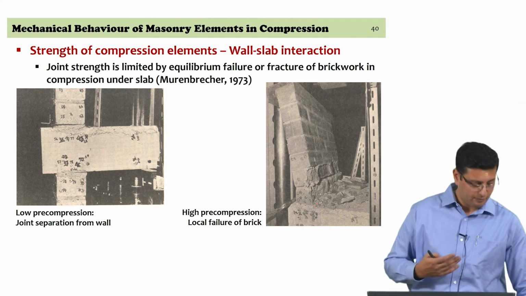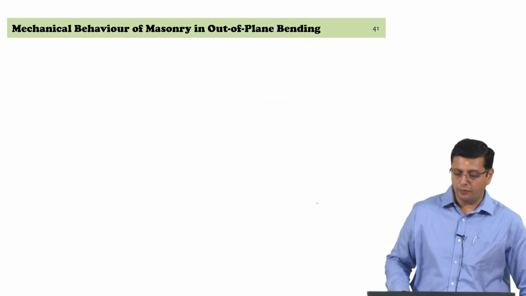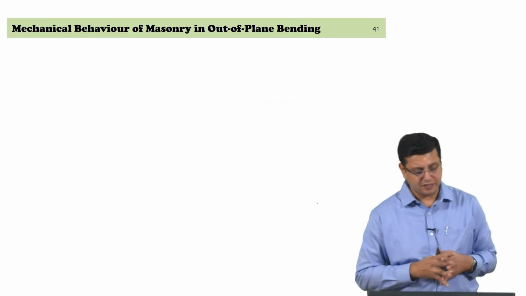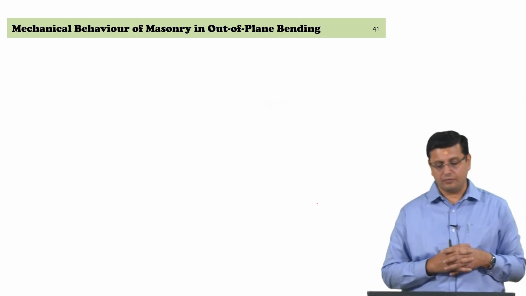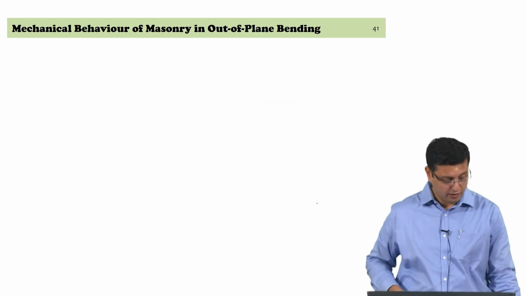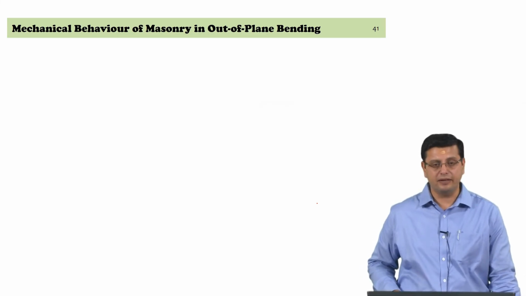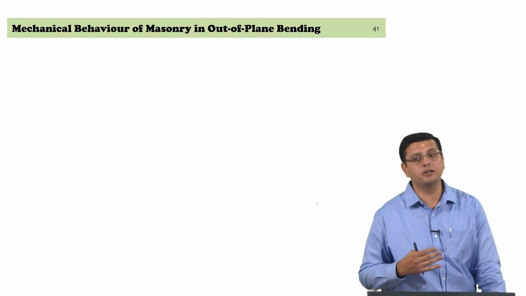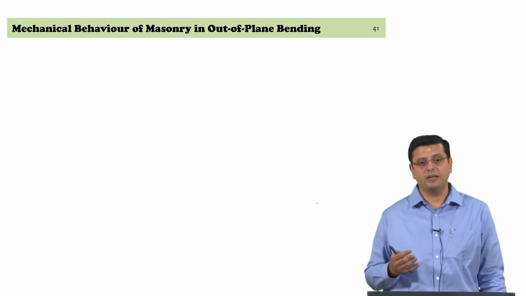And when we examine out of plane bending, we did discuss this aspect at the beginning of our section, in the section on material behavior, and how the strength of the joint in flexural tension becomes important.